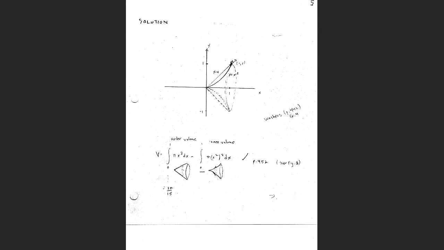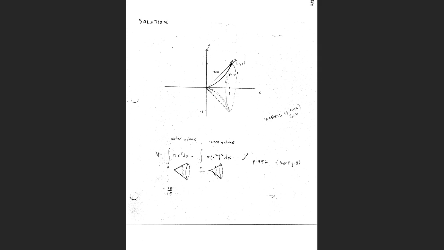The region is enclosed by the line y equals x and the parabola y equals x squared. So in the solution, the first thing I do is make a picture.